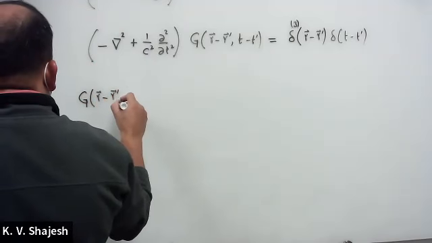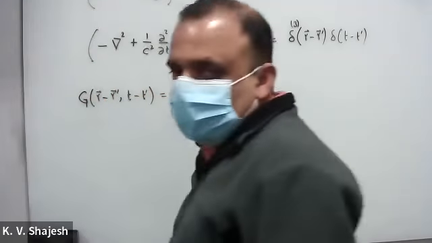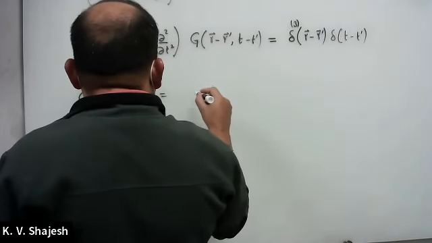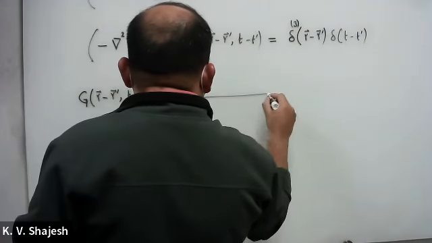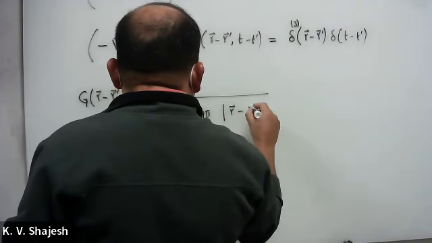It's pretty similar. It's expected that it should contain the static version of it, so that's 1 over 4 pi times the magnitude of r minus r prime. That's a point charge.